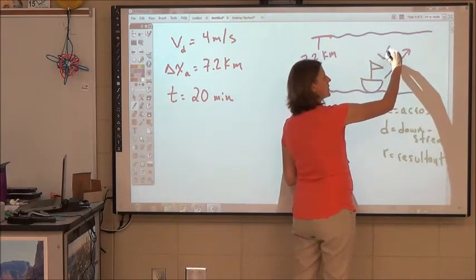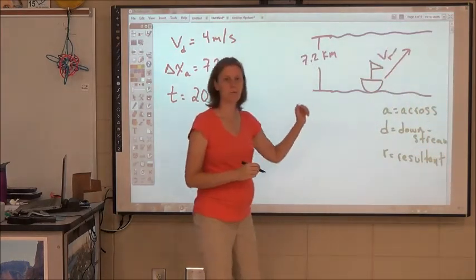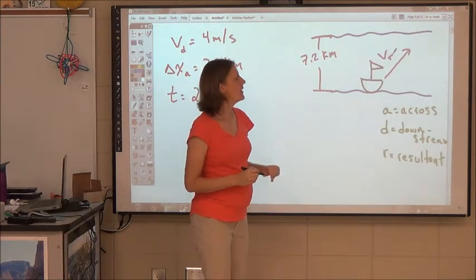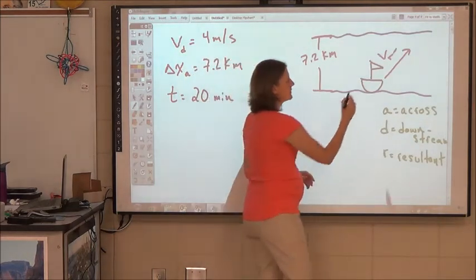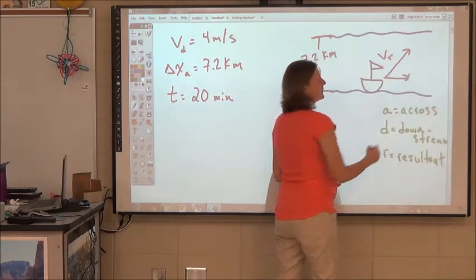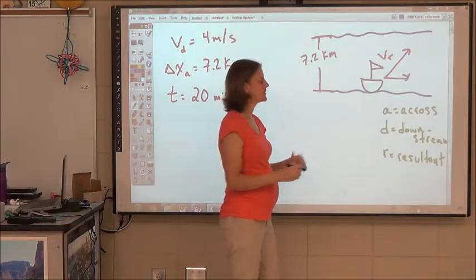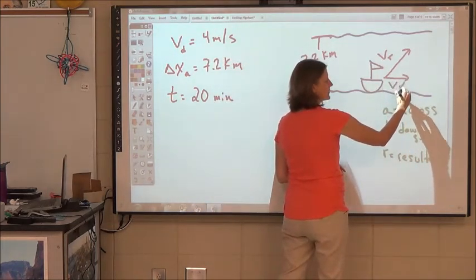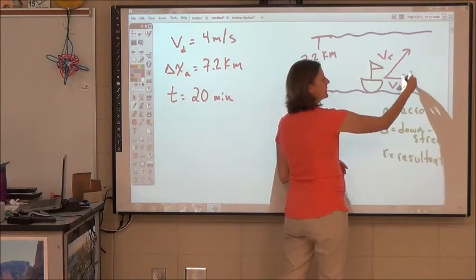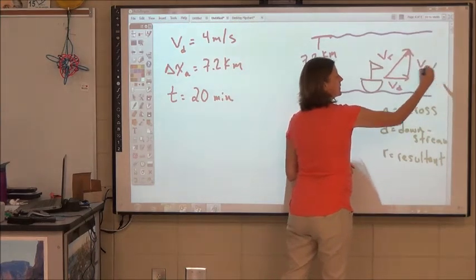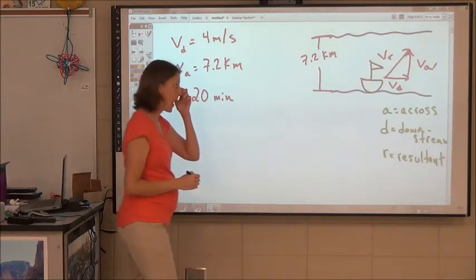This is the resultant velocity that I have drawn here, moving off at that angle. That's the combination of, you can call it the x and y components, but really it's the velocity downstream and the velocity across.